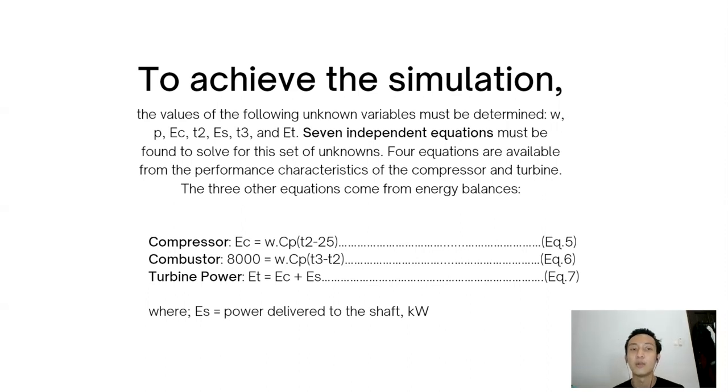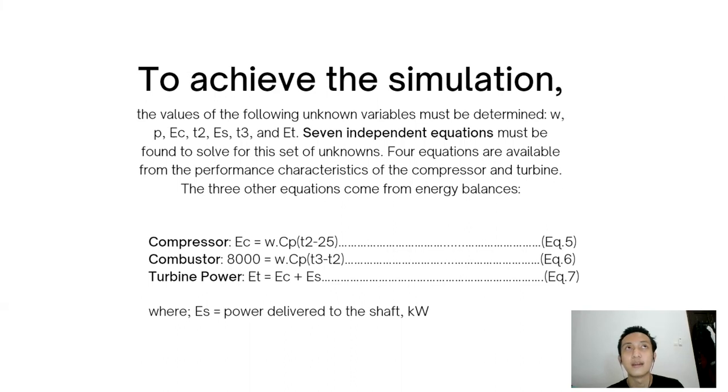We need W, P, the energy by the compressor, T at point 2, the energy transferred by the shaft, T3, and the energy transferred by the turbine. So we have these 7 unknown variables.